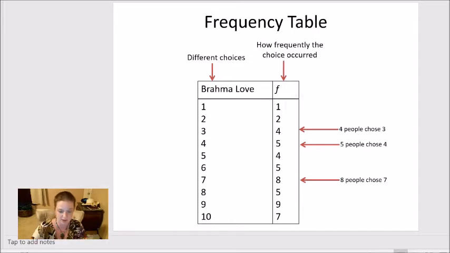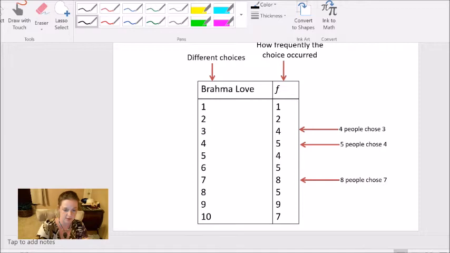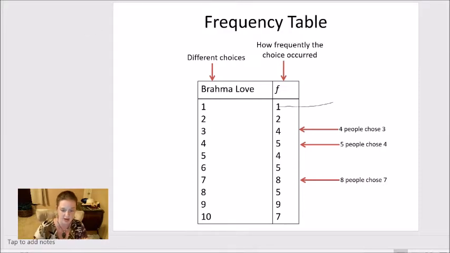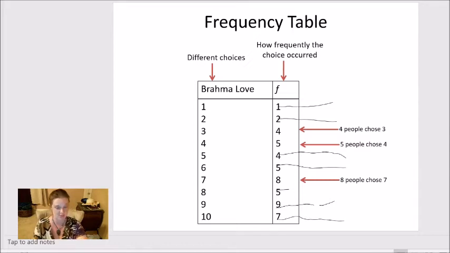This person right here. The score of 2, 2 people gave that score. 4 people chose 3. 5 people chose 4. 4 people chose 5. 5 people chose 6. 8 people chose 7. 5 people chose 8. 9 people chose 9. And 7 people chose 10.